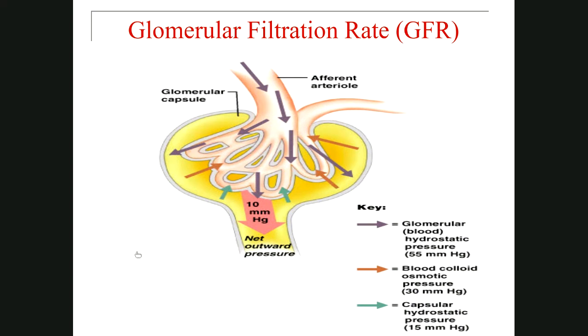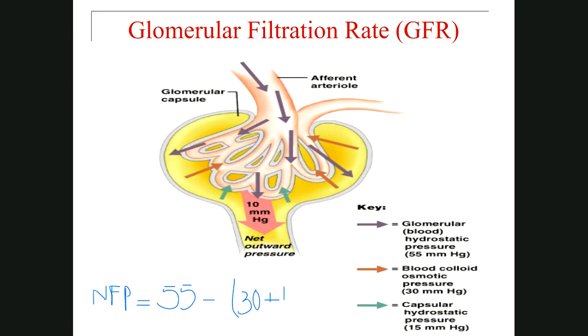And if I want to write the equation here for you, I can write it like this. The net filtration pressure is equal to 55, which is the glomerular hydrostatic pressure, minus 30 plus 15.